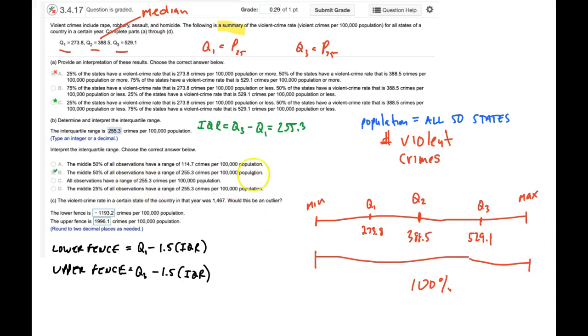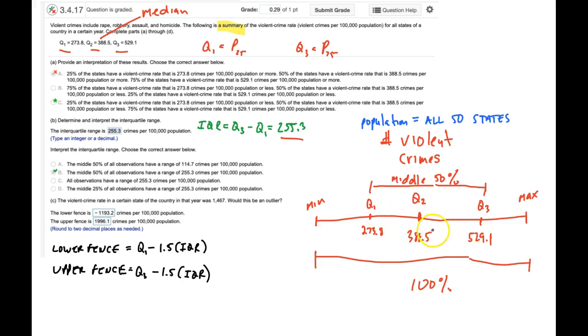Many times when we analyze data, we care about where the middle 50% is, and that's the interquartile range. This is what you call the middle 50%, and that's your IQR. So half of the states are between 273 and 529, and that's where your IQR measures the range of values.